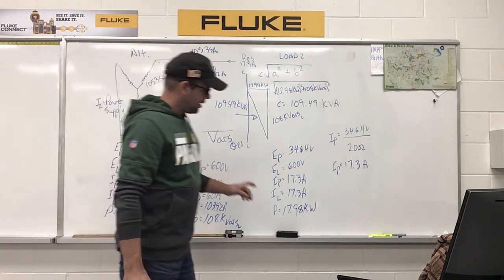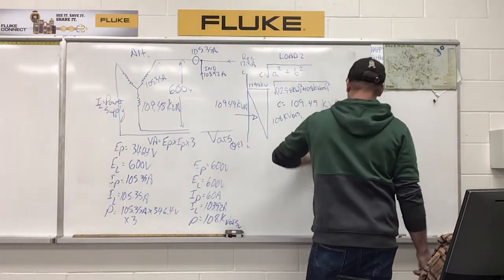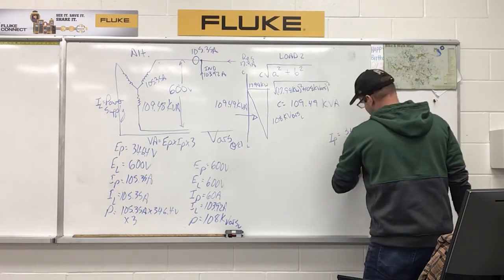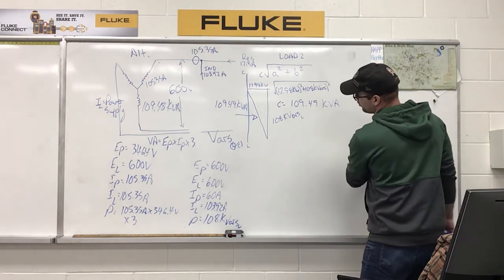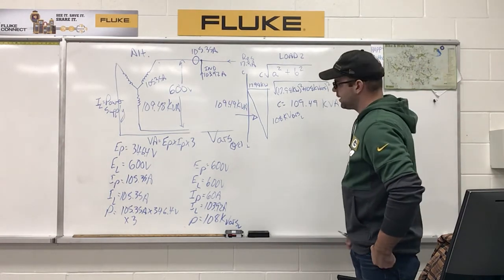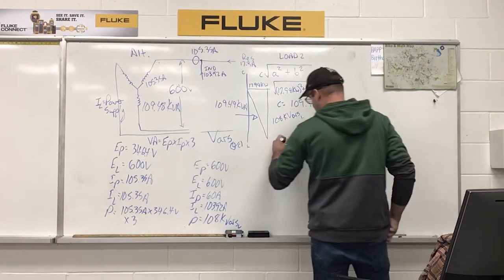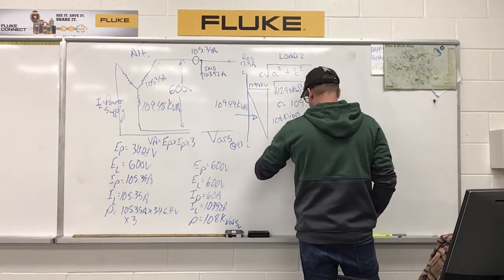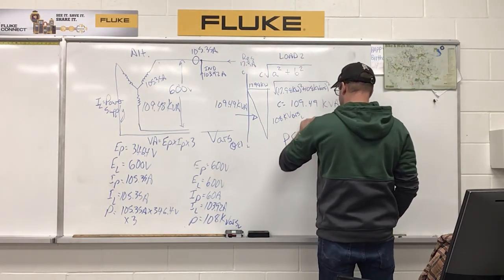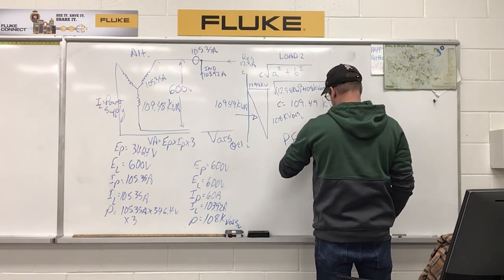Okay? So once you get all that done, the only other thing that I'm going to show you, I know it's been a lot, I'm just going to add one more thing at the end, is that I can calculate what my power factor is now. And if you remember, power factor was equal to our true power over our apparent power.